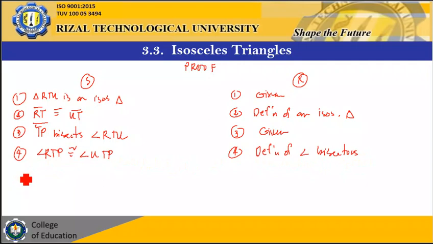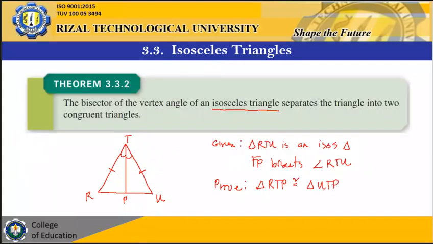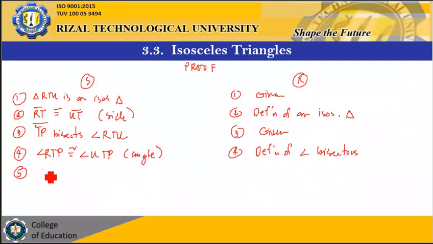Okay? Next, we know that we have already a side and we already have an angle. So let's look for another part which could be used to prove that the two triangles are congruent. In that case, we can see that segment TP is congruent to itself. That is RPC, reflexive property of congruency.